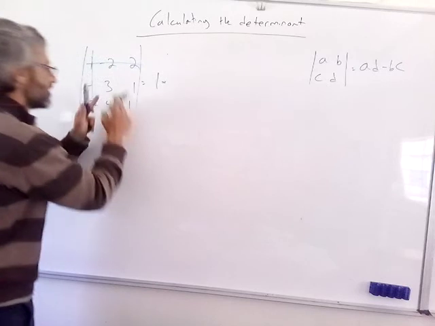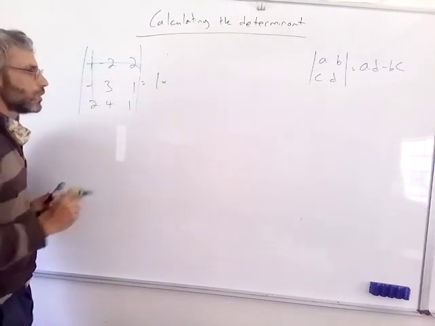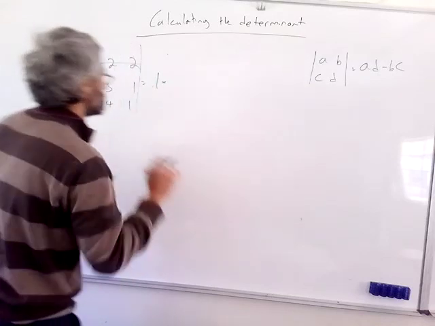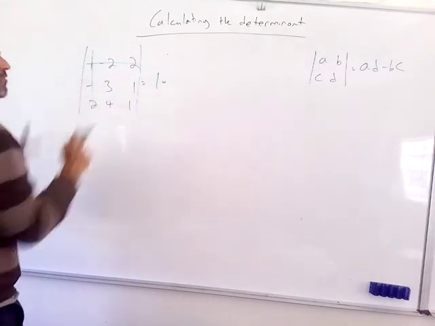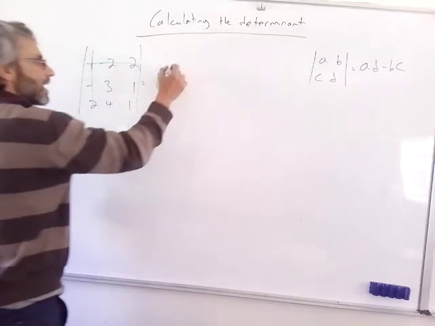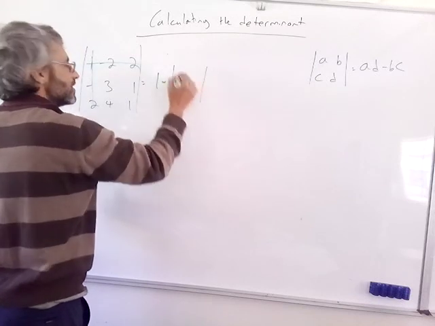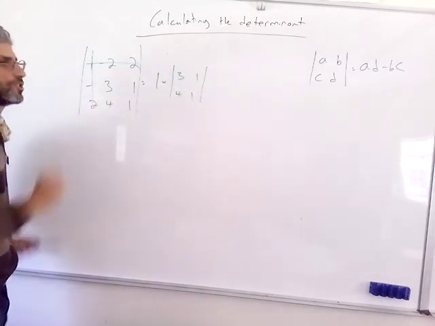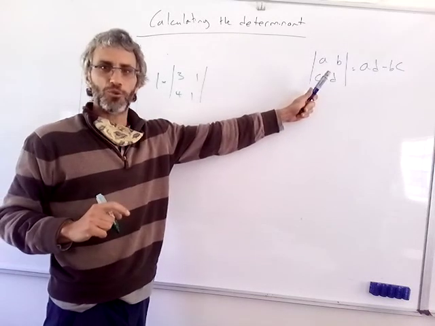Can you see that? That's just 3, 1, 4, 1. So the rule, which thankfully we don't have to prove, is that the determinant of this 3 by 3 matrix will be 1 times the determinant of 3, 1, 4, 1. The determinant of the 2 by 2 matrix, which I know how to do.